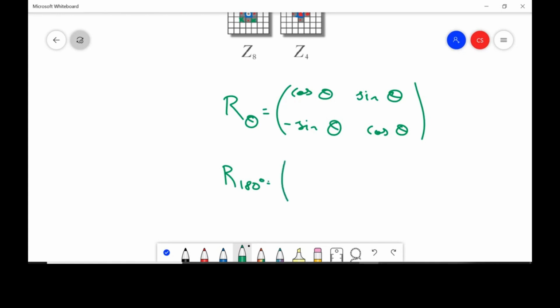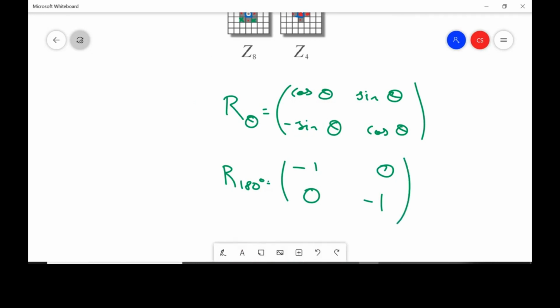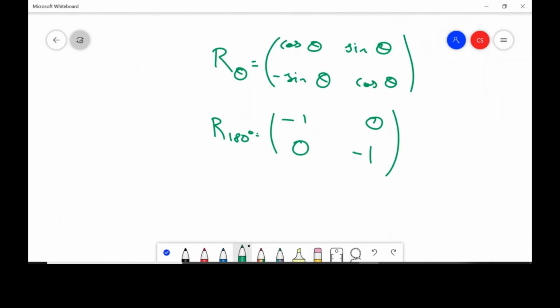So for 180 degrees, the cosine of 180 degrees is minus 1, and then the sine of 180 is 0, so you have this matrix. If you multiply any coordinate xy by this matrix, you get minus x minus y. So computing a mirror in both directions, in x and y, is the same as rotating 180 degrees.